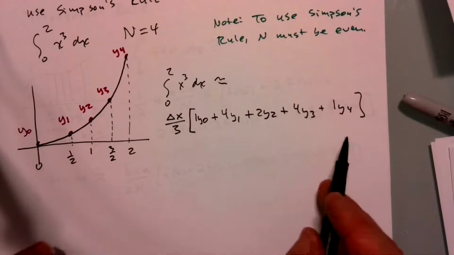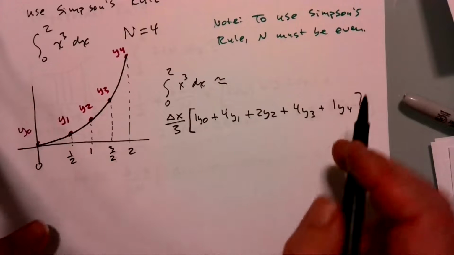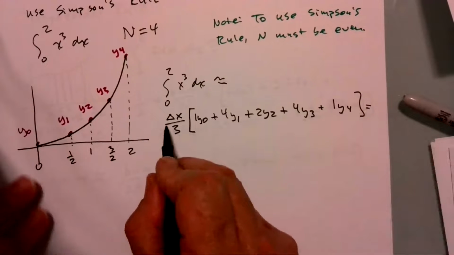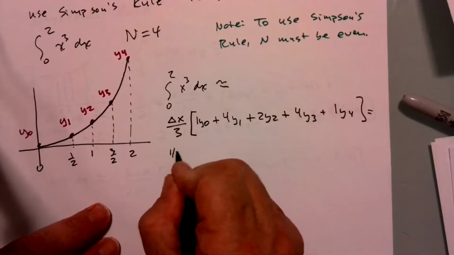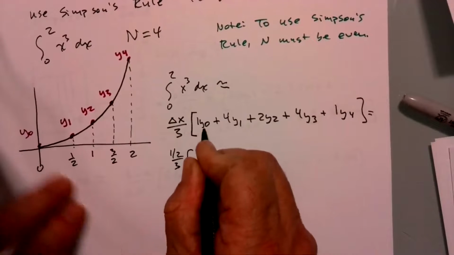So if I'm going to do this model for this problem, change in x, that's the width. Change in x is 1/2. So I've got 1/2 divided by 3. 1 y sub 0.